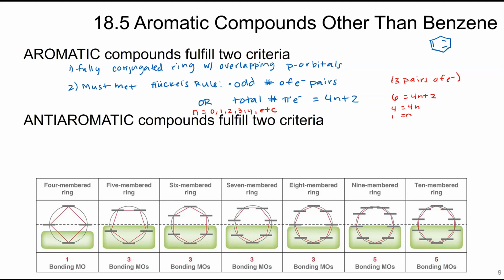You can have an anti-aromatic compound. This is where you have a fully conjugated ring with overlapping p orbitals, just like in the first one. And then you have an even number of electron pairs.